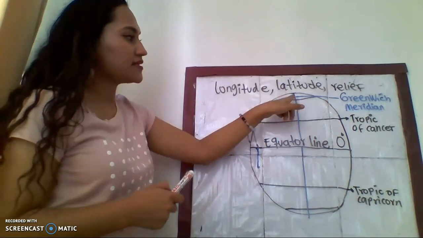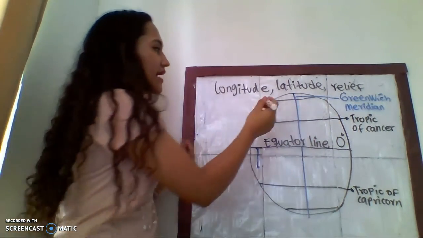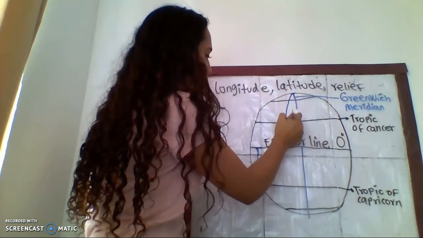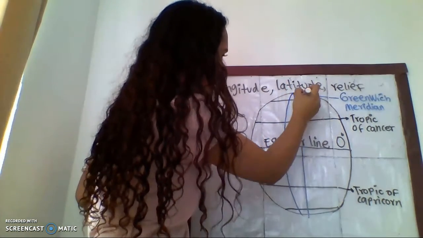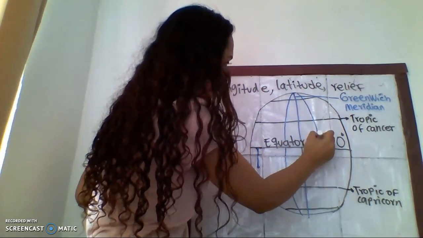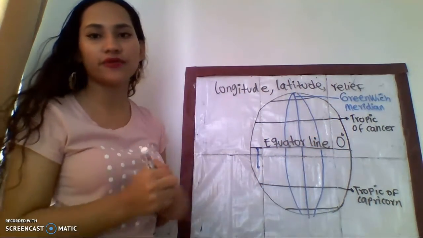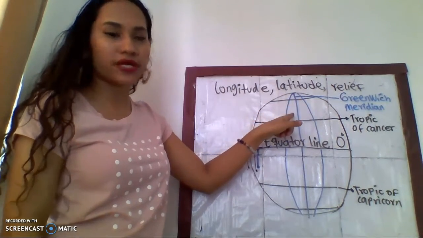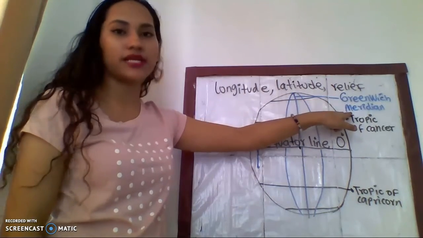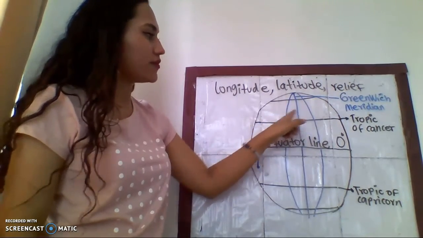Now, this is the Greenwich Meridian. Cada una de estas líneas son llamados meridianos. Meridians are vertical lines in the earth. They are imaginary lines. The main meridian is the Greenwich Meridian. And these are other meridians.